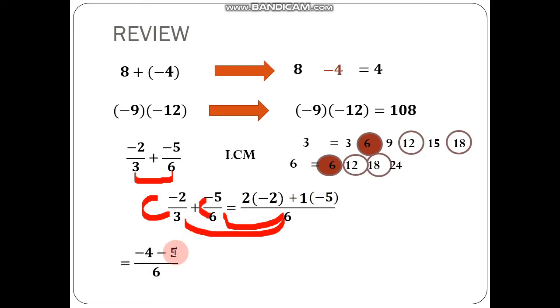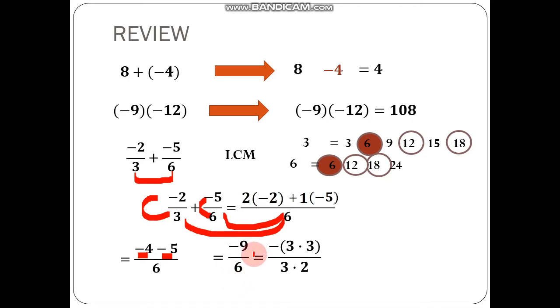Simplify. 2 times negative 2 is negative 4. Positive 1 times negative 5 is negative 5. The result is negative 4 minus 5, which is negative 9 over 6. Simplify the fraction. How?